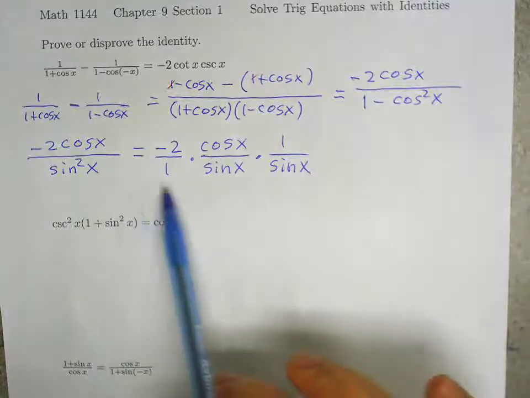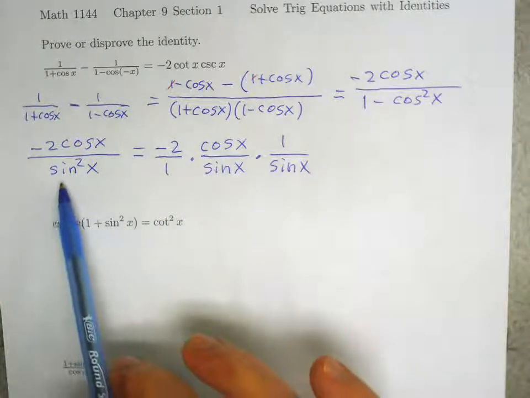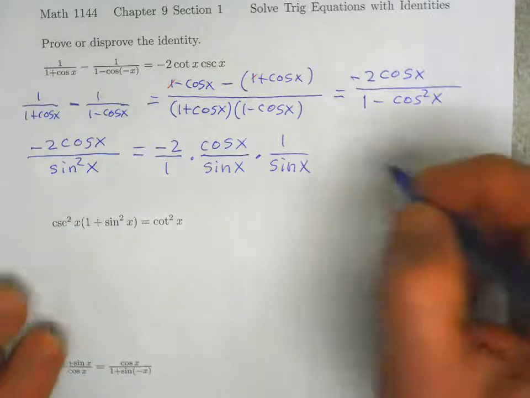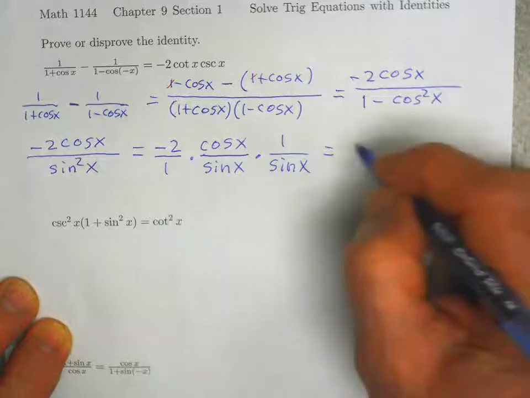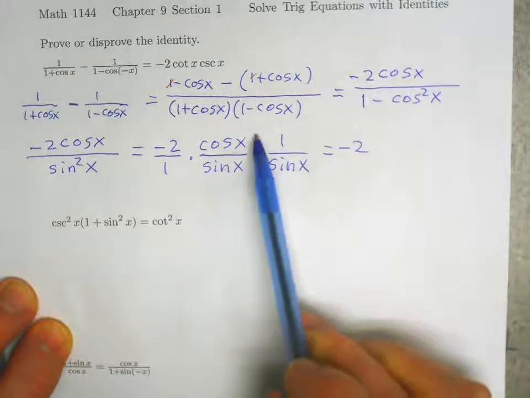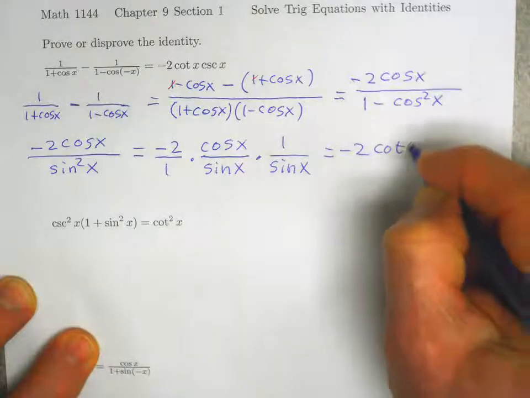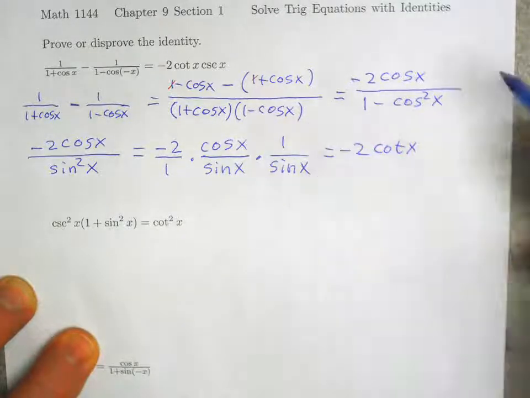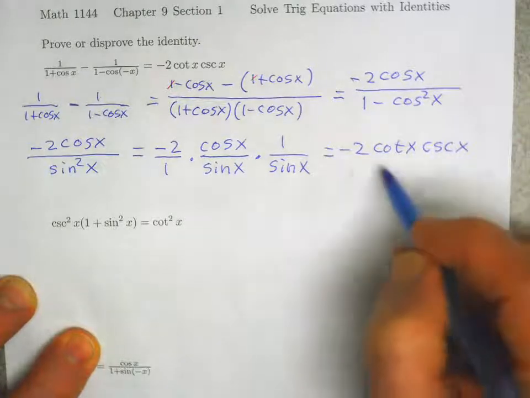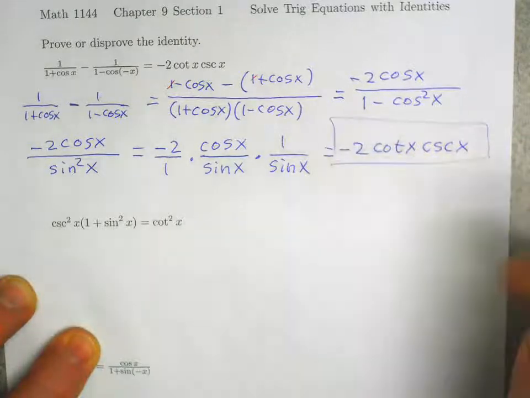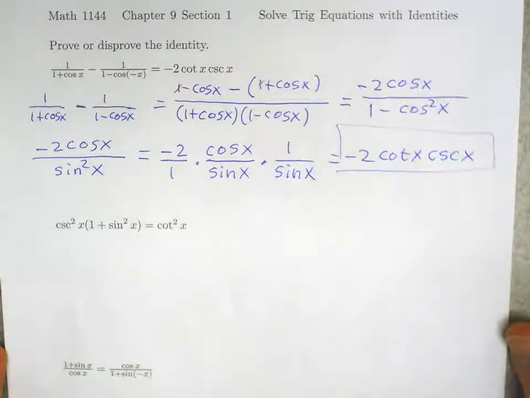So you can tell that what I just wrote is equivalent to where we started from on the left. But now we can write the punchline. We have negative 2, cosine of x divided by sine of x is cotangent of x, and 1 over sine of x is cosecant of x. So we proved that this equation is an identity.